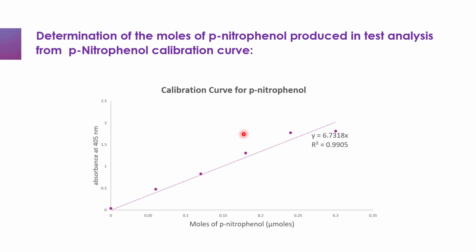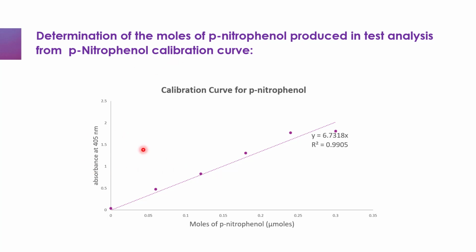So we are going to use the calibration curve to determine the moles of p-nitrophenol hydrolyzed or produced in the test analysis from the p-nitrophenol calibration curve, as said earlier.